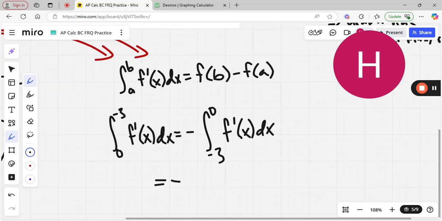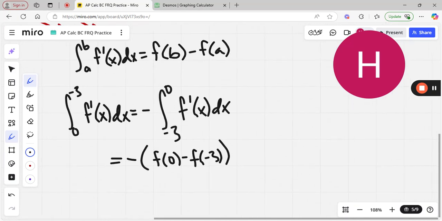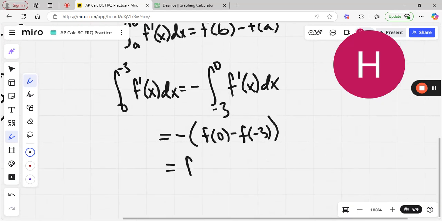Which means this is the negative of f of 0 minus f of negative 3. Which would have been fine if we would have just called it f of negative 3 minus f of 0. It's also valid, right? Totally valid.